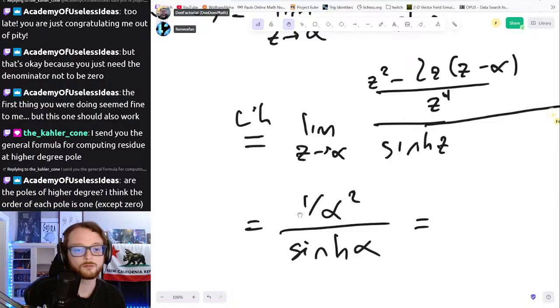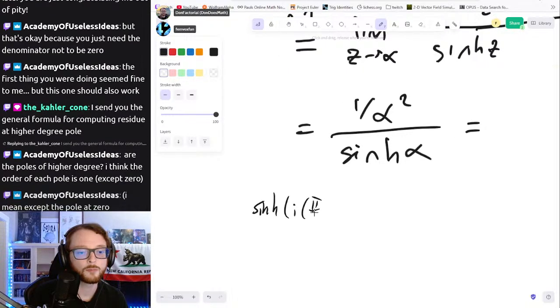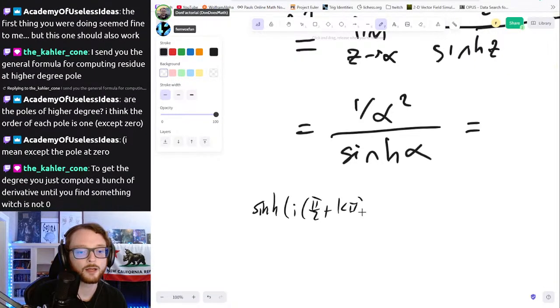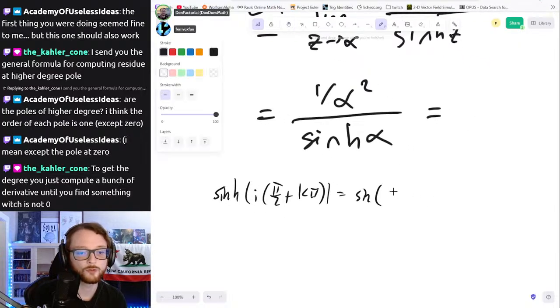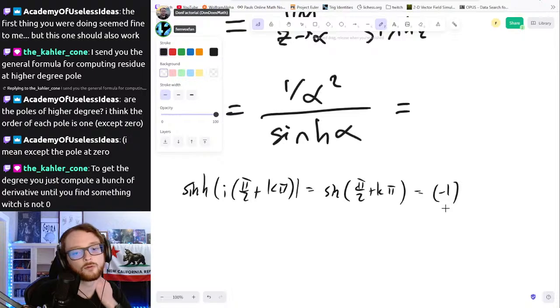We should probably work it out. sinh of i pi over 2 plus k pi is equal to sine of pi over 2 plus k pi, which is cosine k pi.